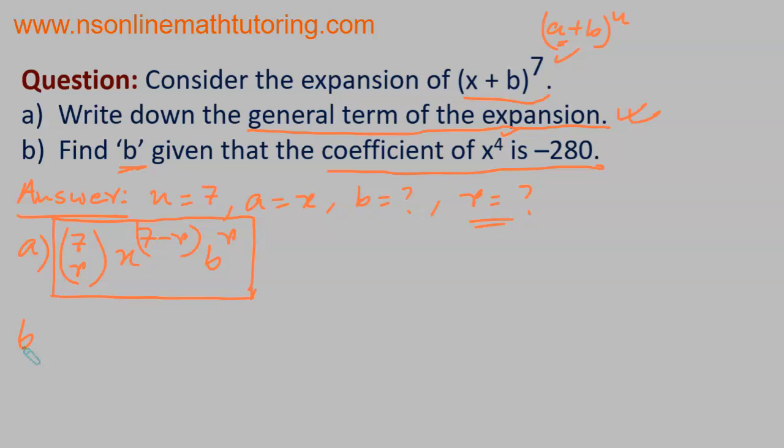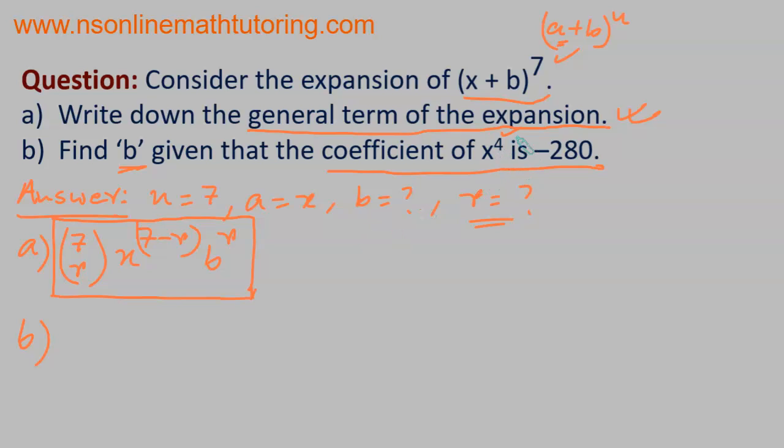Now coming to subpart B. Find b given the coefficient of x to the power of 4 is negative 280. In our previous session, the term number was given to us, so we could find the value of r. The r value was always one less than the term number. It was quite straightforward.